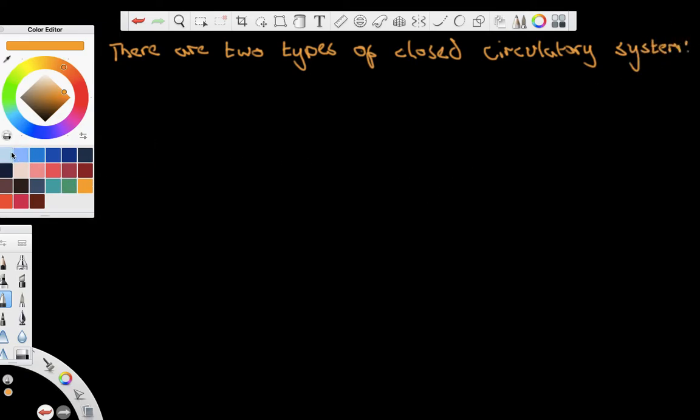Now just to refresh our memory, because we did look at this a while ago, a closed circulatory system is where the blood flows in blood vessels. Okay, so where blood flows inside blood vessels.